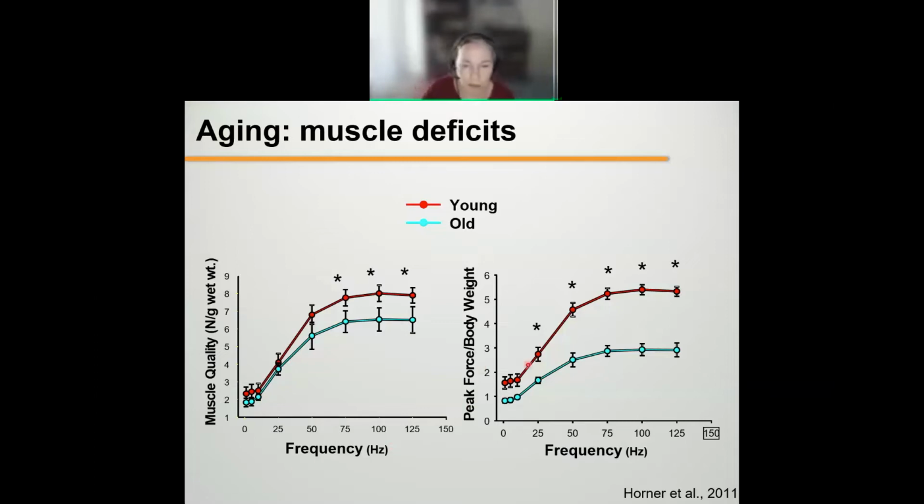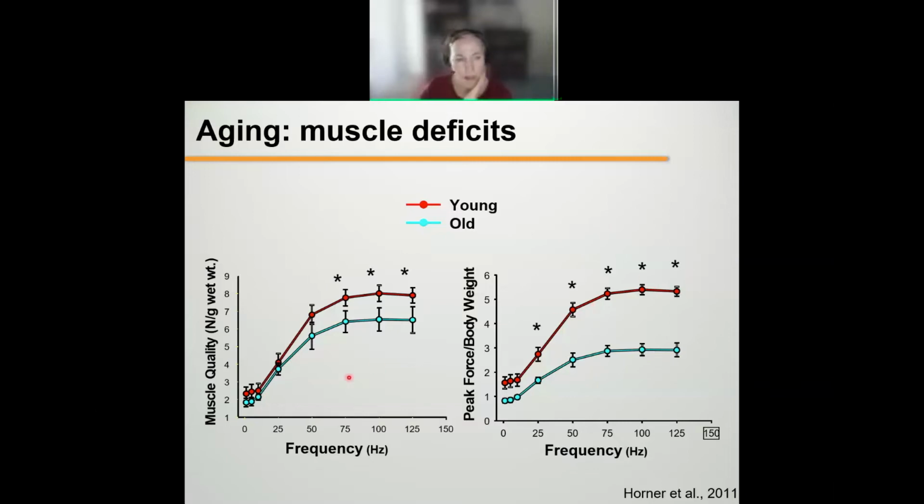As an example, we see in these data from young and old rats a force frequency curve where we can see muscle force at these various frequencies. And not surprisingly, young muscle is able to produce more force at a given frequency. When this is controlled for body weight, the aged rats tend to be kind of big and tubby and not very lean.